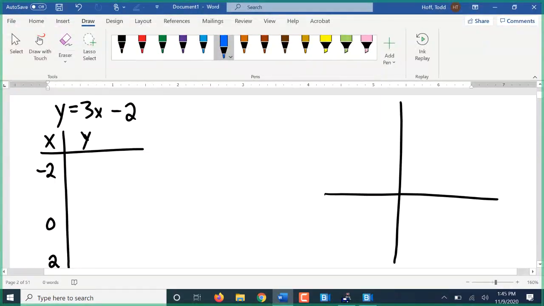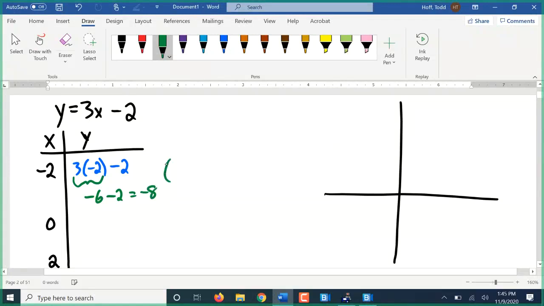So if x is -2, y is 3 times x minus 2, so it'd be 3 times -2 minus 2. 3 times -2 is -6. -6 minus 2 is -8.